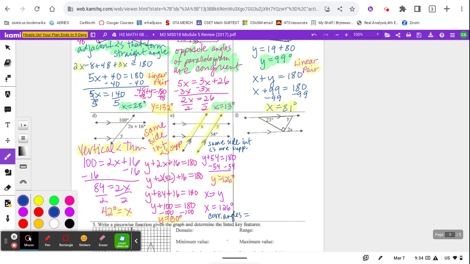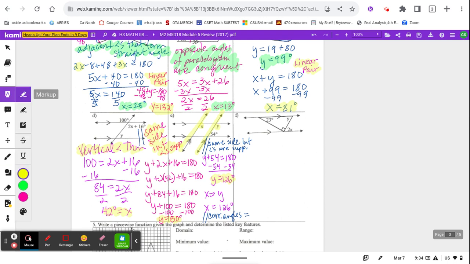Now, when I use same side interior angles or corresponding angles, I have to say that they're parallel before I use those theorems. And so notice right here, these little symbols that mean parallel, I have to state, okay, because I have parallel lines, I can use these theorems.